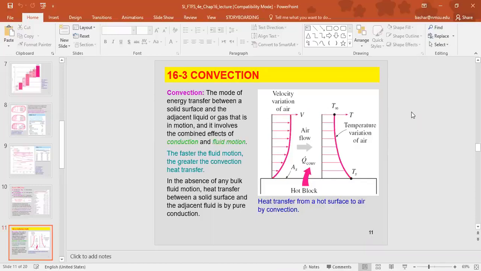So two conditions are required: a solid surface and a moving fluid, whether it's gas or liquid. It involves combined effects: the conduction at the solid surface and the fluid motion. The faster the fluid motion, the greater the convection heat transfer, and that results in forced and free convection.